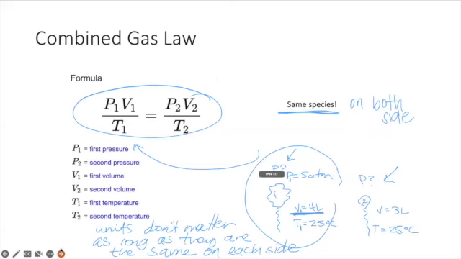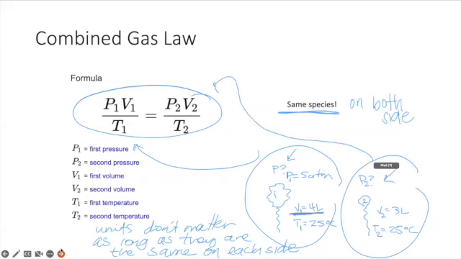We'll call this balloon 2. So this is my pressure 2, my volume 2, and my temperature 2 being plugged in on this side of the equation. So as long as my units are the same on each side, so for instance, my volumes are both in liters, my temperatures are both in Celsius, it doesn't matter what the units are. If my pressure for 1 is in atmospheres, I know that whatever number I get should be in atmospheres for pressure 2.